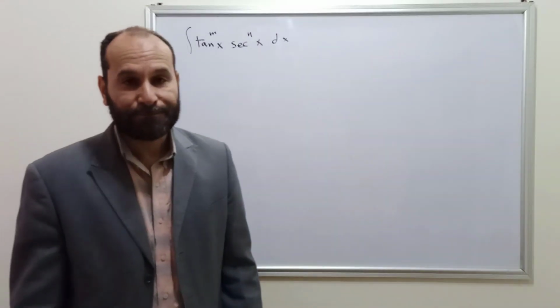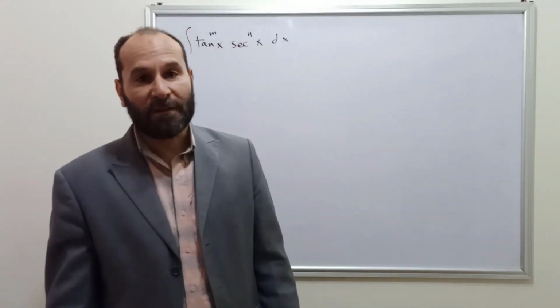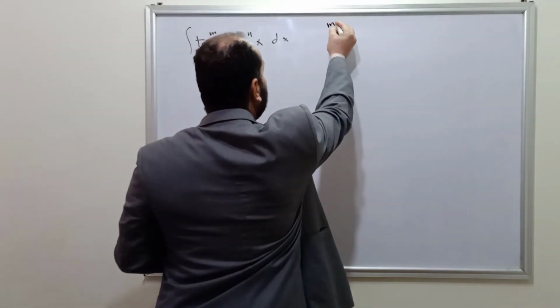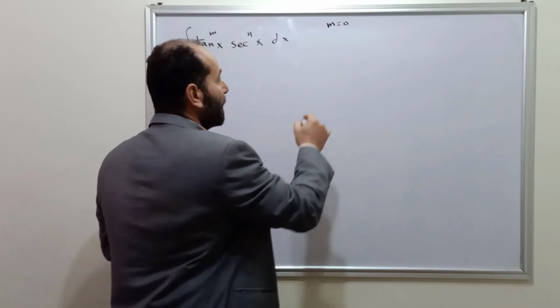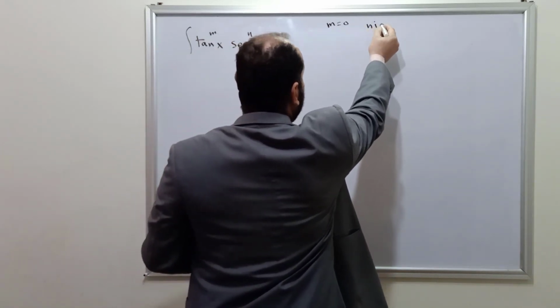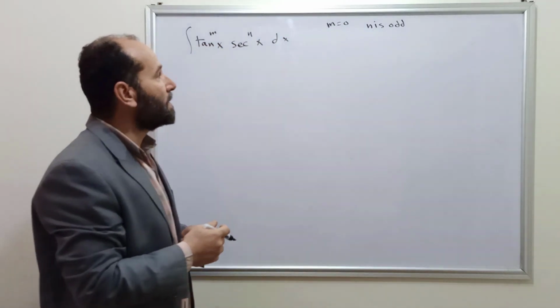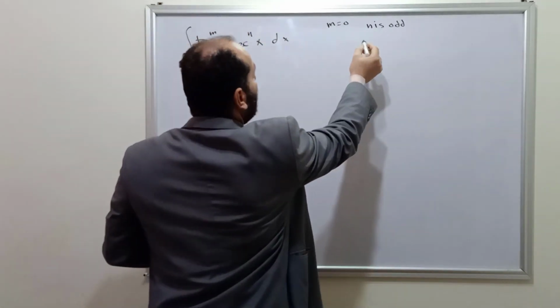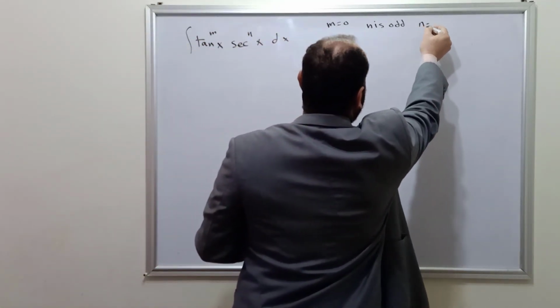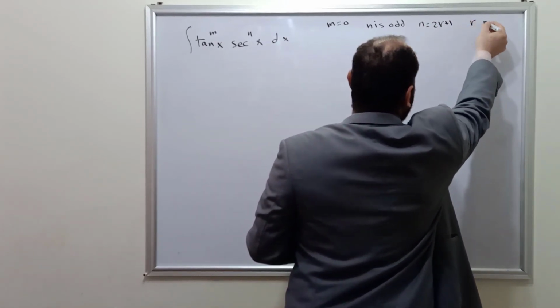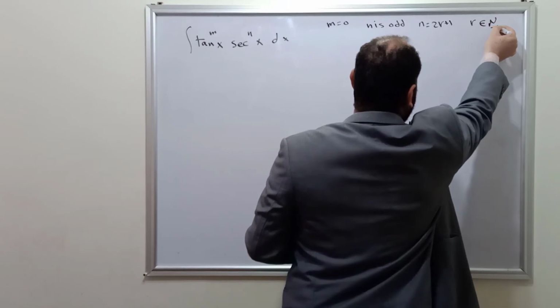Now we take a very difficult case: if m equals 0 and n is odd. In this case, n equals 2r plus 1, where r belongs to the natural numbers.